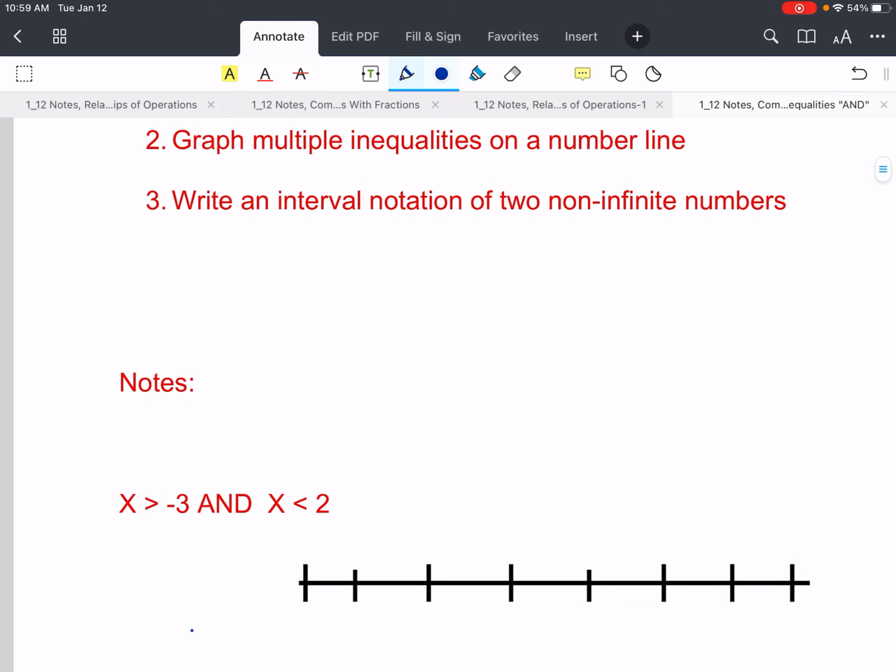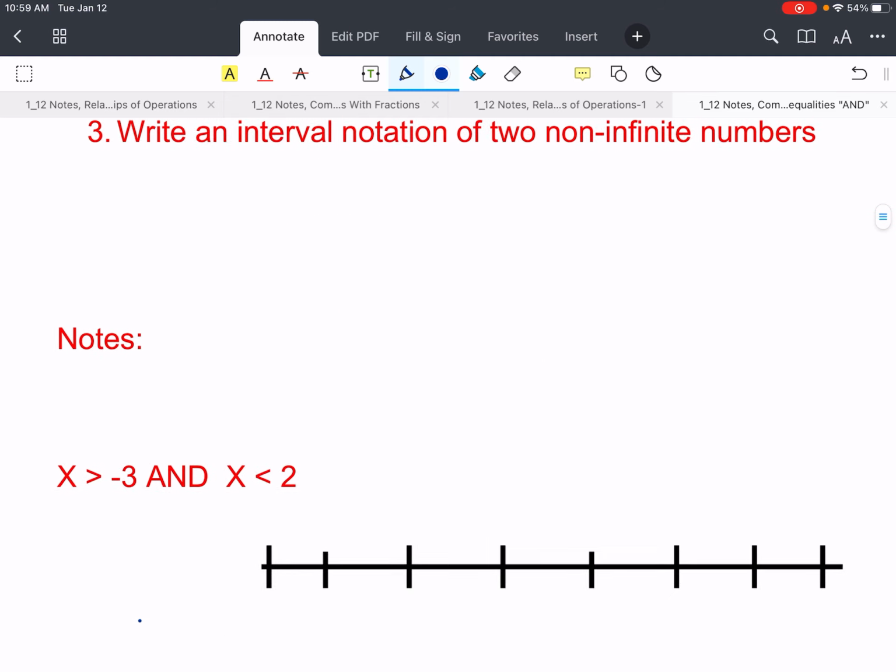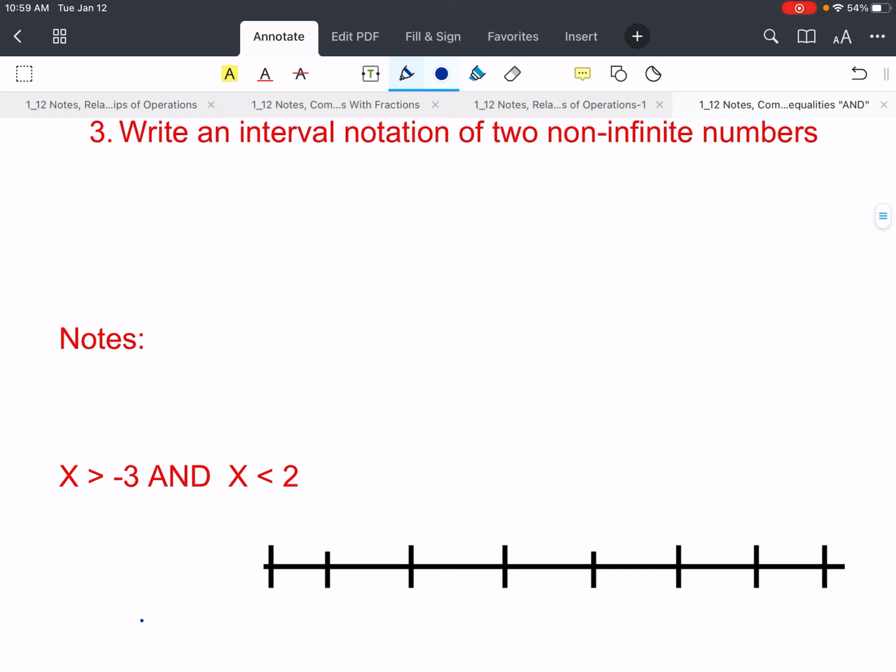So we jump to our example. We see that we might have something that says x is greater than -3 and it's less than 2. So the word "and" means that we're having more rules to follow. The more rules there are, then the smaller pool of numbers we have to choose from.